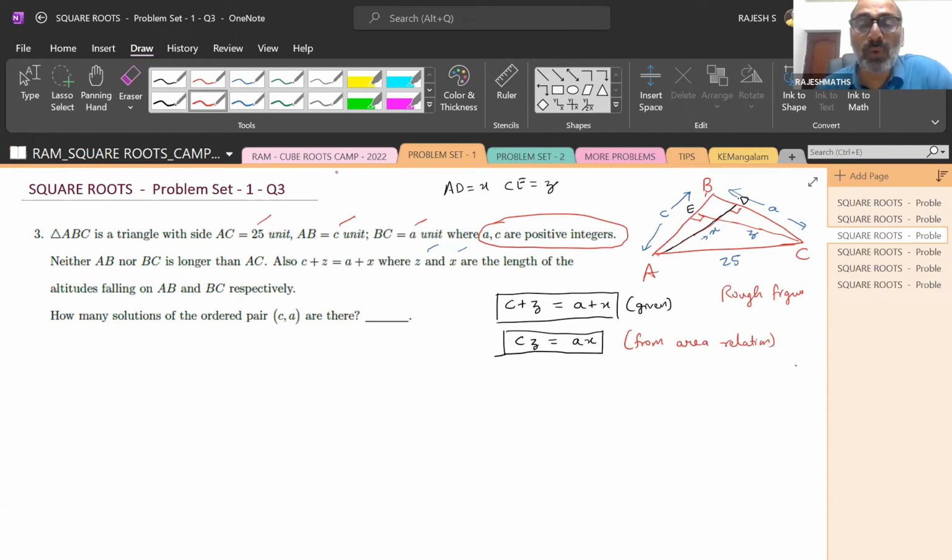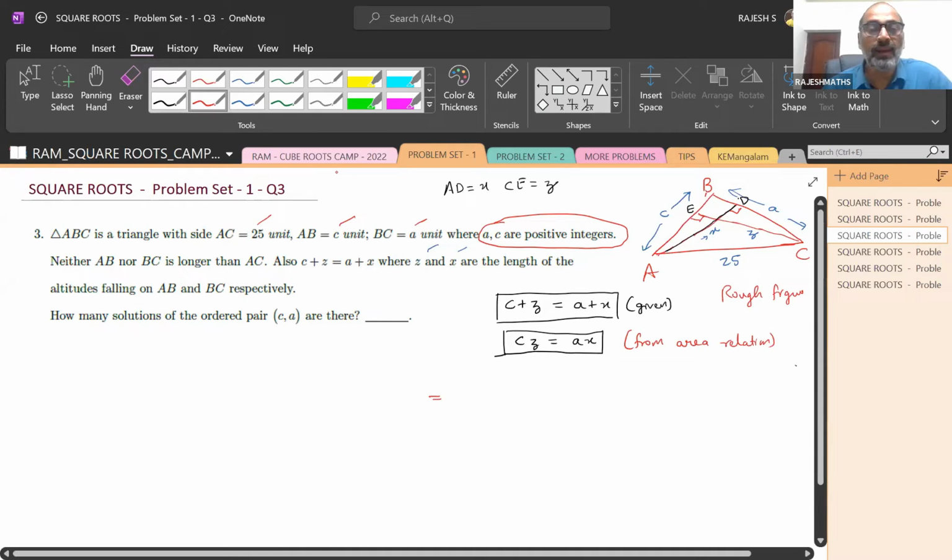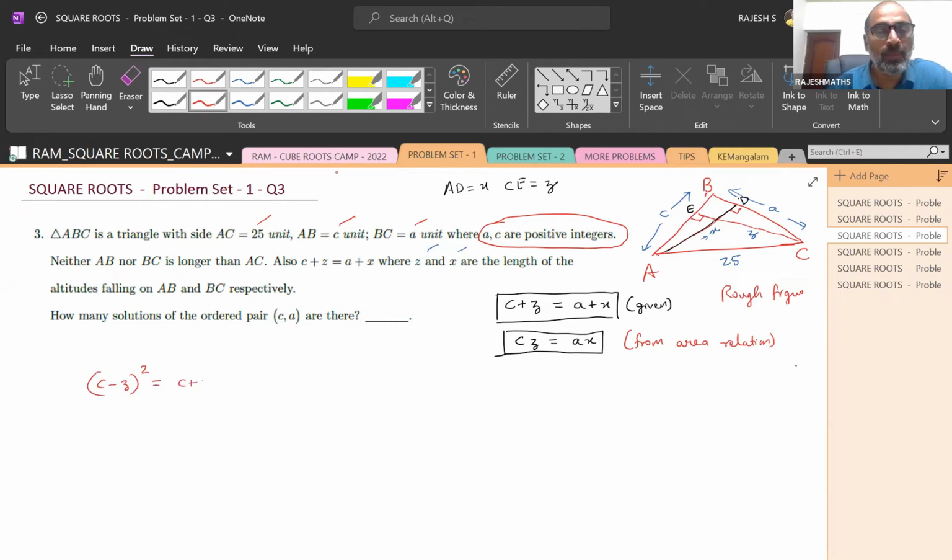This one is given. Now these two will imply something. I have got an identity. The identity is, let me write it here. (c minus Z) whole squared is equal to (c plus Z) whole squared minus 4cZ. Correct? But c plus Z is same as a plus X, and 4cZ is same as 4aX. So what is this? (a minus X) whole squared.